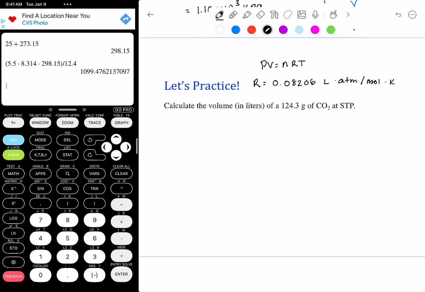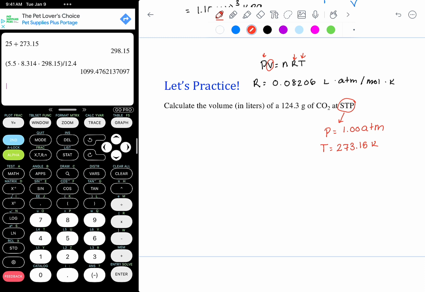To solve this problem, we need to use a few bits of prior knowledge in order to start us out. The first being STP. STP tells us that the pressure is equal to 1.0 atm and that the temperature is equal to 273.15 Kelvin. So we know P and we know T, we're looking for V. We always know R because it's a constant.